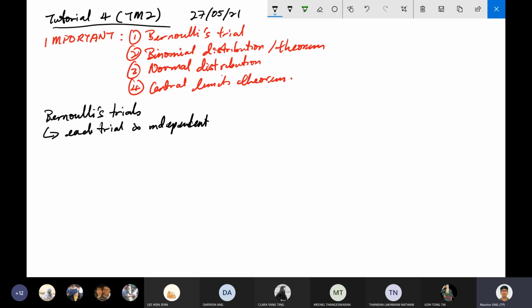There are three major characteristics. So what's the other one? Only two possible outcomes. Okay, only two possible outcomes. The third one is actually stemming from these two possible outcomes. Is the probability of these two possible outcomes, must it be the same?